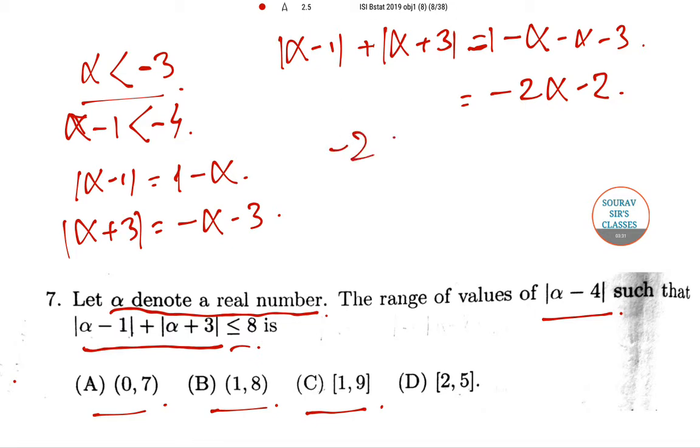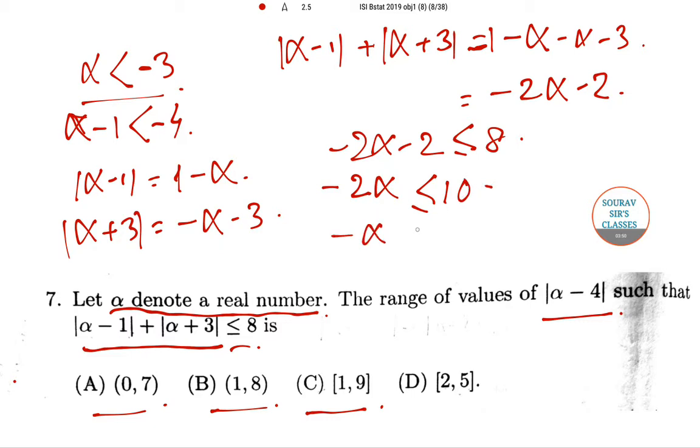So minus 2 alpha minus 2 less than or equal to 8. So minus 2 alpha less than or equal to 10, minus alpha less than or equal to 5, alpha greater than or equal to minus 5.